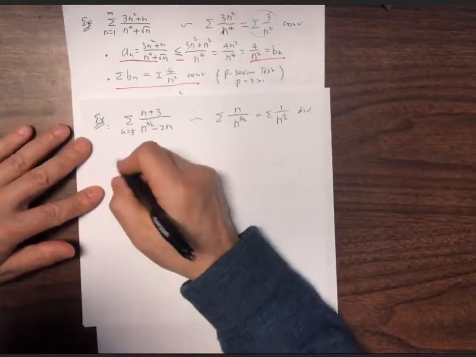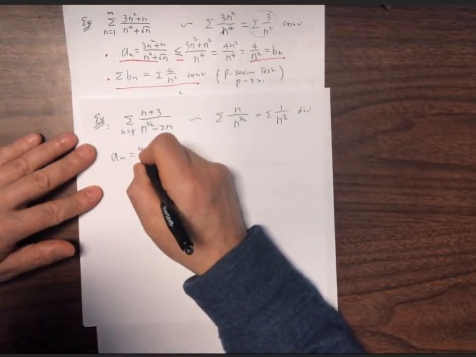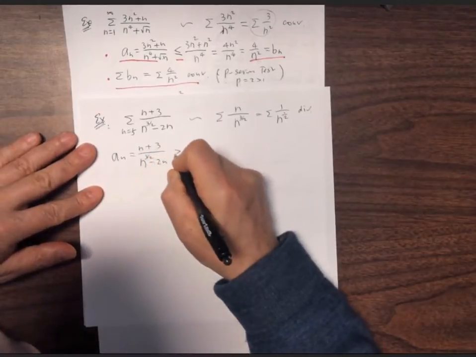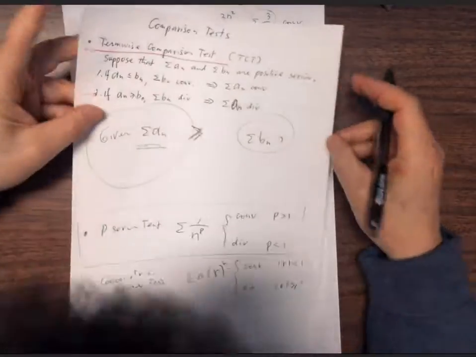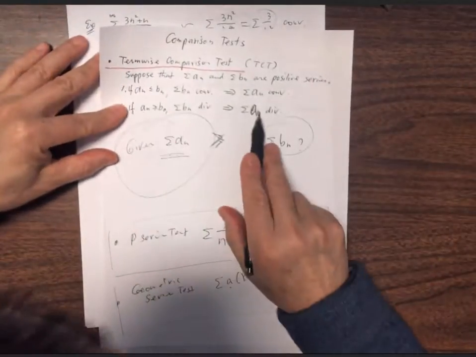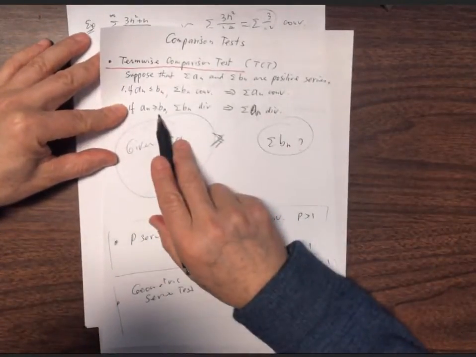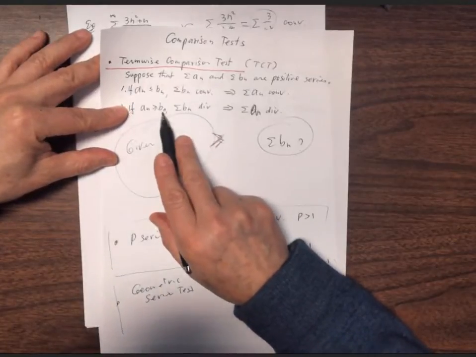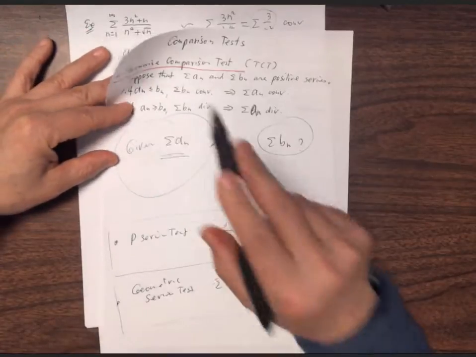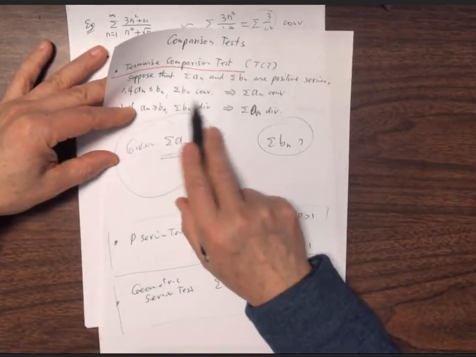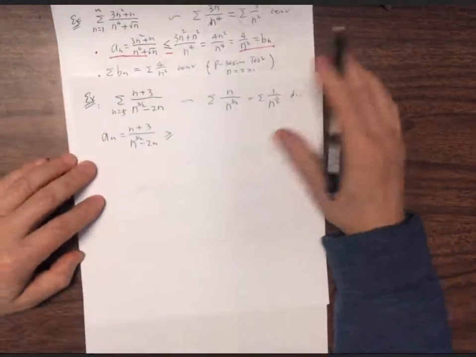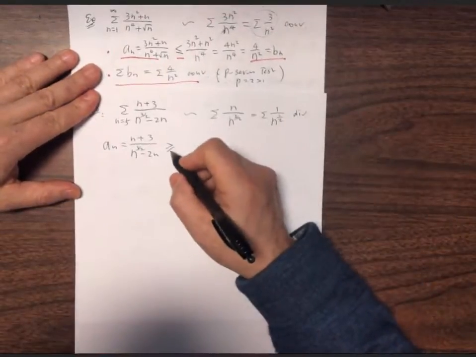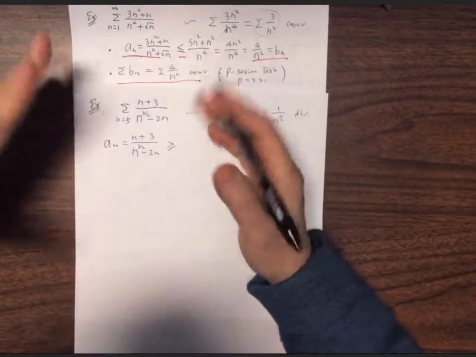Now, since this is going to diverge, we're going to this time try the inequality this way. We believe sigma An will diverge, so we're going to try to find a smaller series, sigma Bn, with each Bn less than or equal to An, and hopefully this will diverge too. Alright, so through this example, I just want to show you how we establish the reverse kind of inequality.